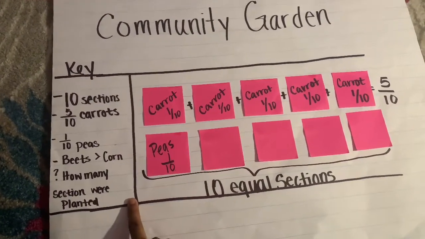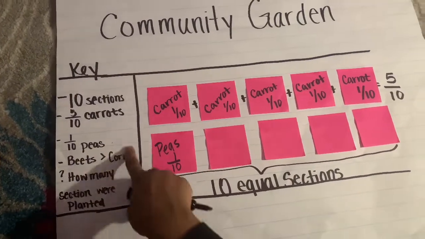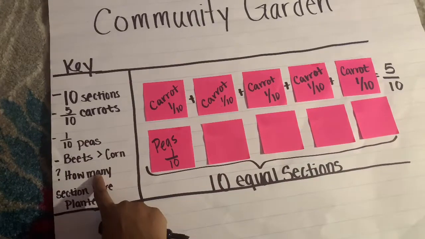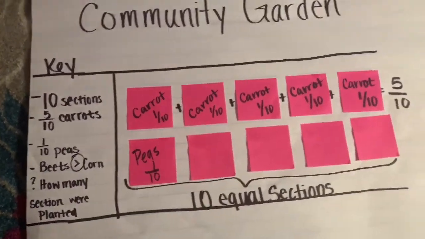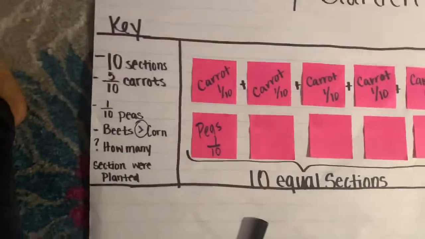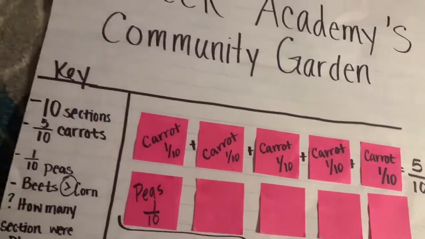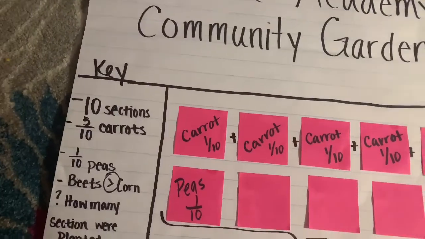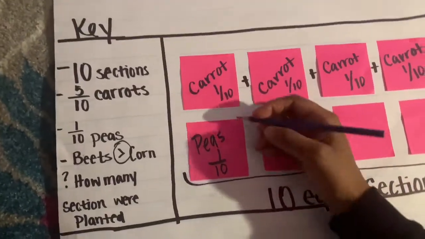Not really. I need to look at this information down here, because this is the information that's left. I know that this sign right here, when I made it, means greater than. So I'm going to label greater than.